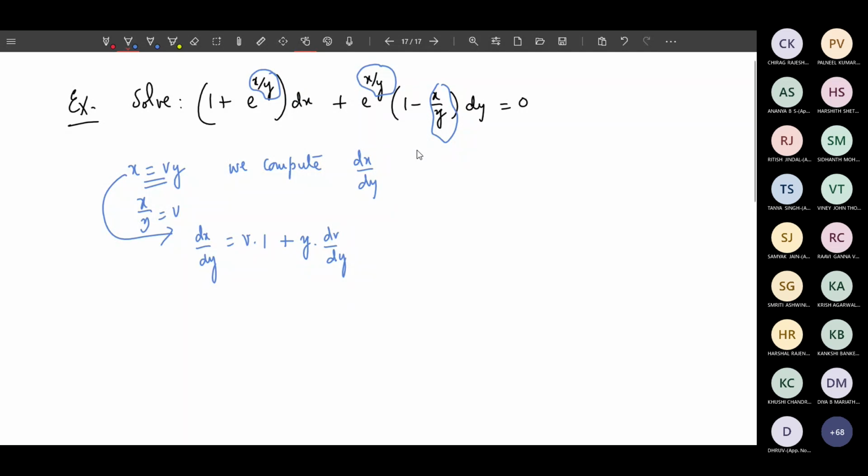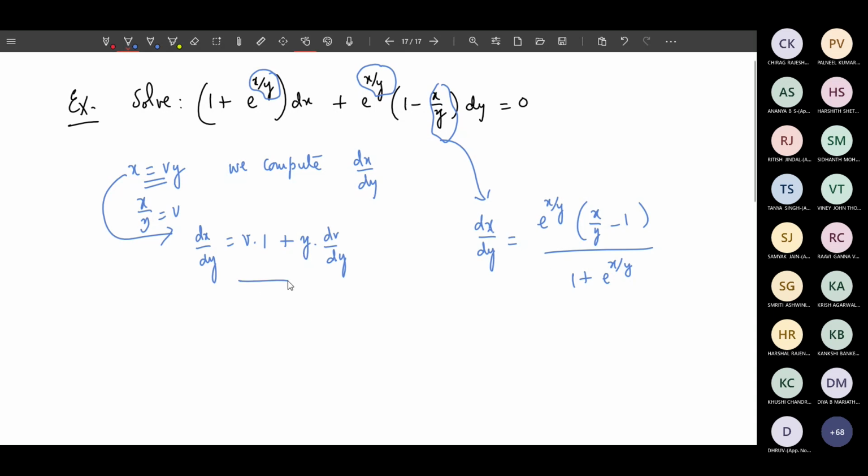Suppose this equation is written as dx by dy equal to e power x by y into x by y minus 1, by 1 plus e power x by y. This is clear because I can write dx by dy this way, where x by y is v.